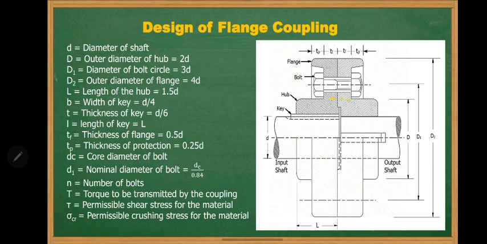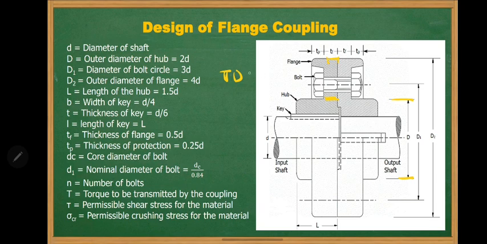So we need to calculate this resisting area, as it is a circular portion. For calculating this area, we need the circumference of the portion, which is nothing but pi multiplied by capital D. Capital D is the outer diameter of the hub, and this is the thickness of the flange Tf.